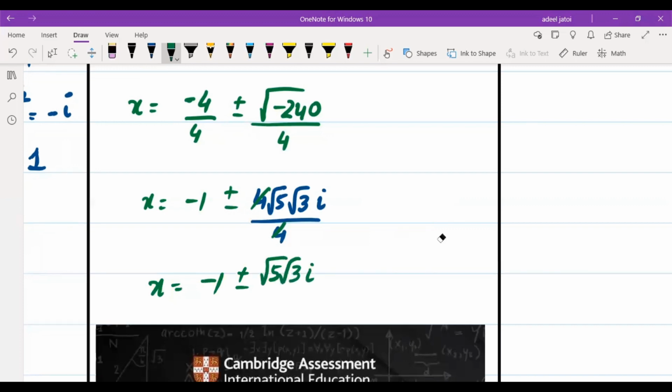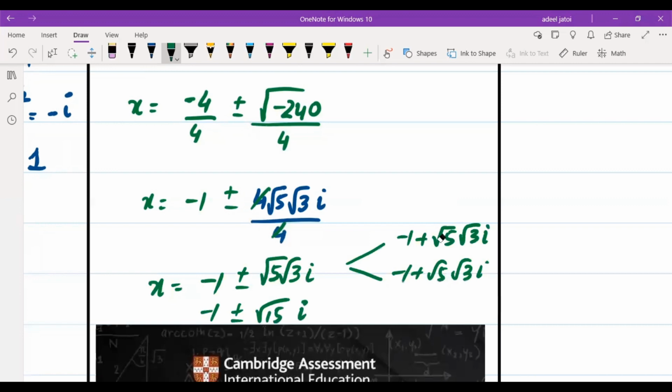So the two roots we have are negative 1 plus under root 5 under root 3 iota, and negative 1 minus under root 5 under root 3 iota. Or we can always write this as negative 1 plus minus under root 15 iota. So both ways it is accepted.